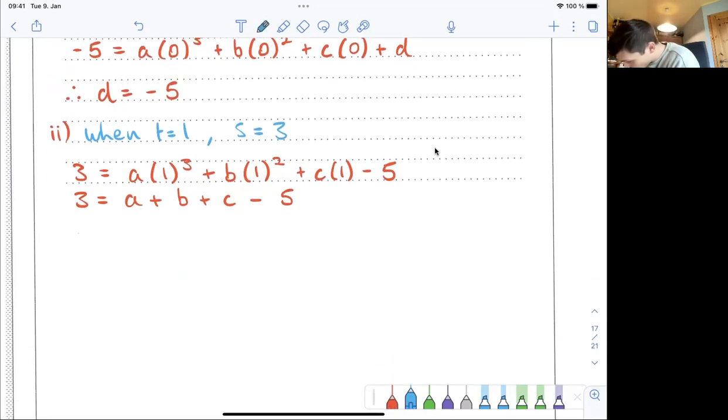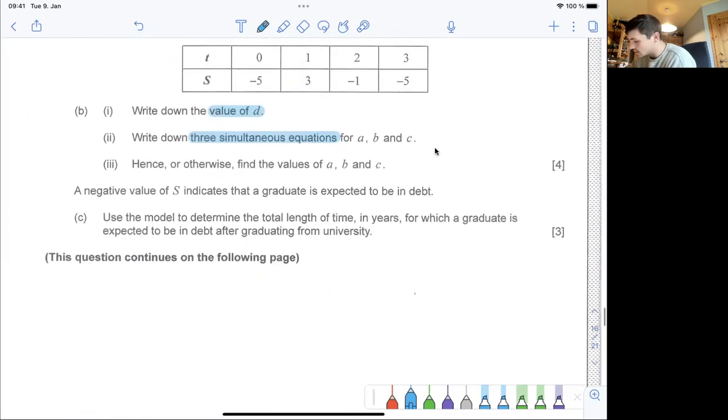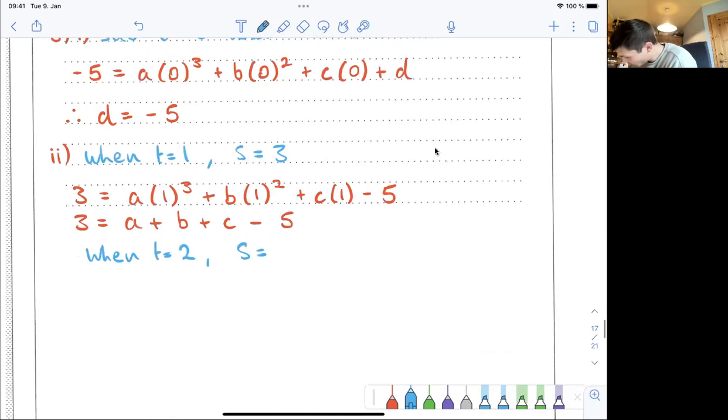And then now when we move on, we're going to say when T is equal to, was it 2? And S will be equal to, we got -1. Okay, so now we can go through and do that.